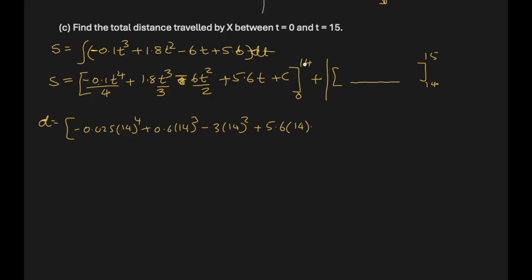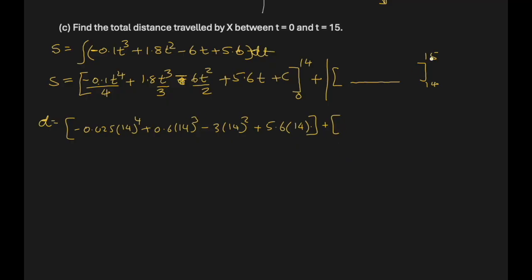There's no need to write c in definite integrals. C gets cancelled out, and because everything has t, there's no point of substituting 0 because we'll get a 0. So this is the distance from 0 to 14.